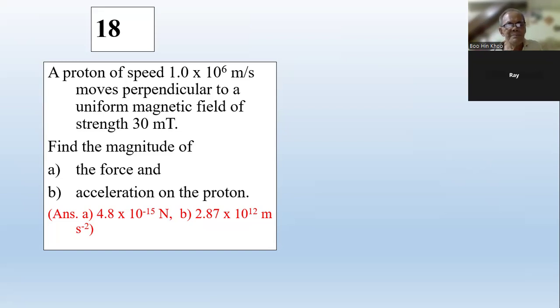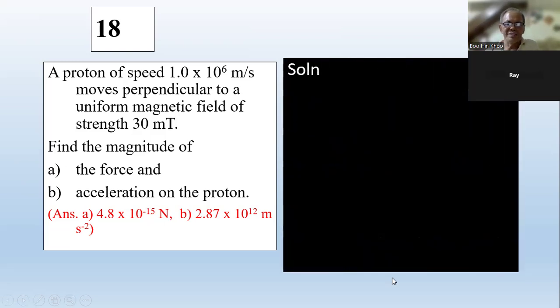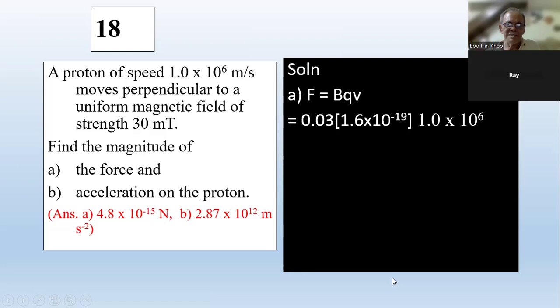F equals PQB. 4.8 times 10 to the power minus 15.